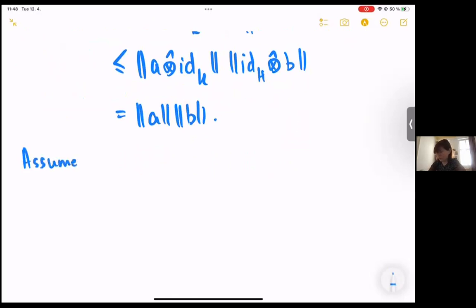So assume that they're both non-zero. Otherwise, there's not much to show.